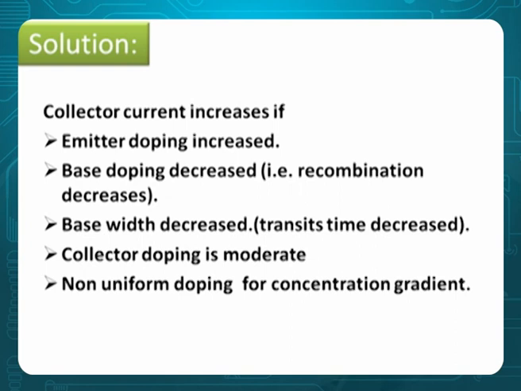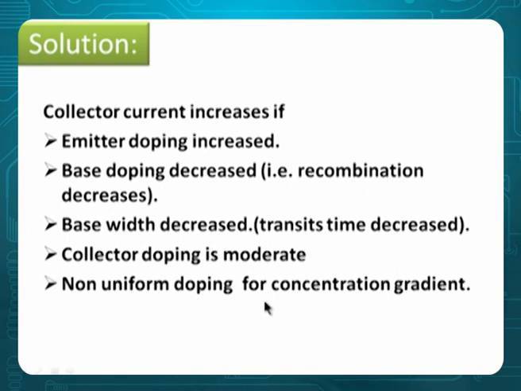Next, collector doping is moderate. When the collector doping is moderate, the carriers coming from the emitter through the base don't collide, so current can increase. If all these things are not sufficient and you are still not happy about the collector current, the last resort is non-uniform doping.